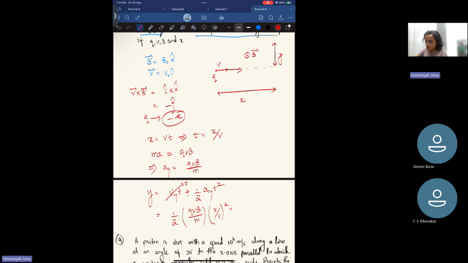So that means you have q B x square by 2 m v. m v you can write as the momentum. So this is linear momentum. So this is q B x square by 2 p.